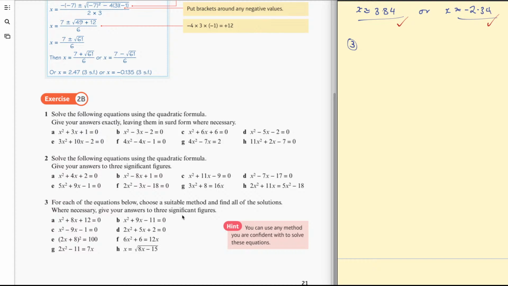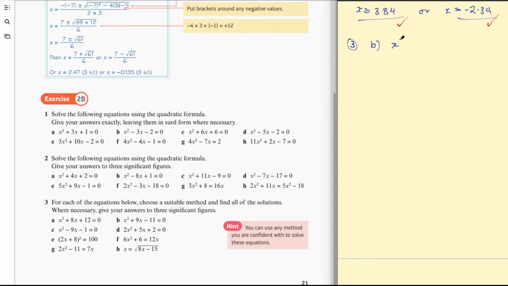Where necessary, give your answers to 3 significant figures. So in this one, they're not telling you whether to factorize or use the quadratic formula. You can decide which one you want to do. So let's just do 2 of these. Let's do B and F.